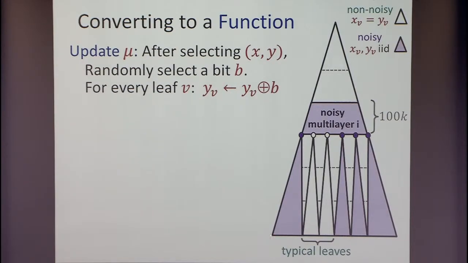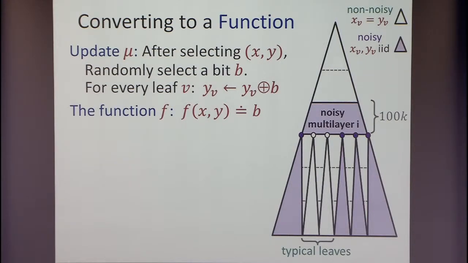So this leaf used to have some value, and now we add b to it, and we do that for every leaf, but just for Bob. So this is the construction: you add b to y_v for every leaf v. And the function is, if we give the players x and y, we expect them to give us b back. This is a well-defined function.